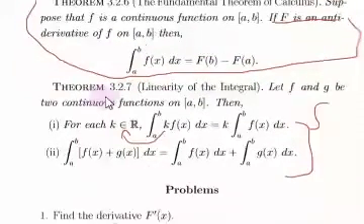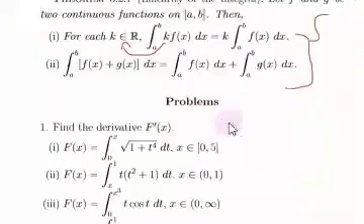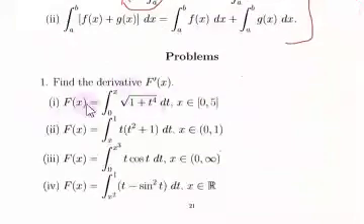And we have discussed the linearity of integral. If you have a constant inside the integral, you can pull it out from the integral. Both are the same. And the integral of the addition of two functions is the sum of the integrals.